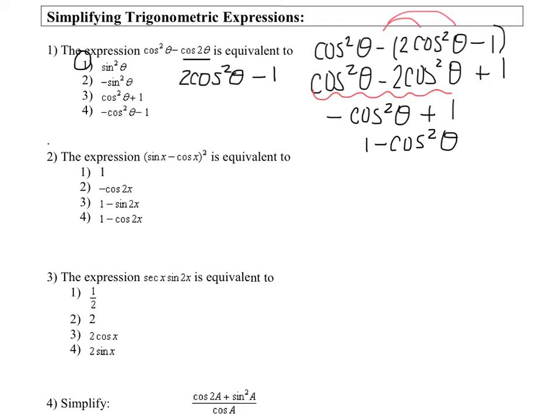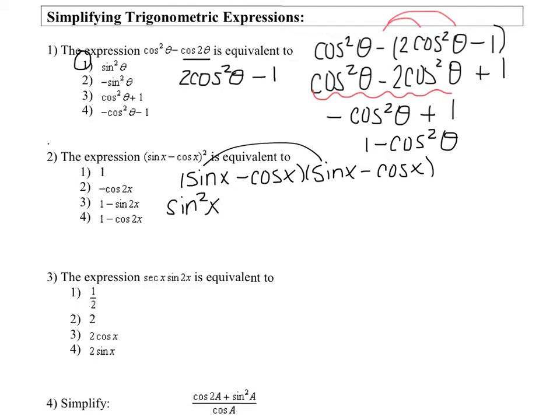Okay, number 2. The expression sine x minus cos x squared is equivalent to what? So what we're going to have to do here is double distribute. So let's go ahead and rewrite this twice. So we have sine x minus cos x times sine x minus cos x. So go ahead and double distribute. Sine times sine is sine squared x.